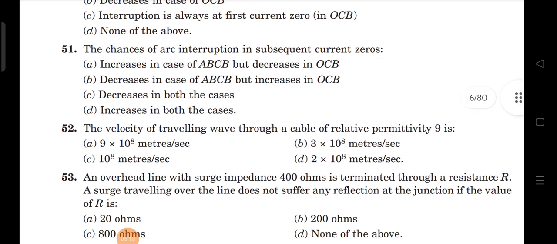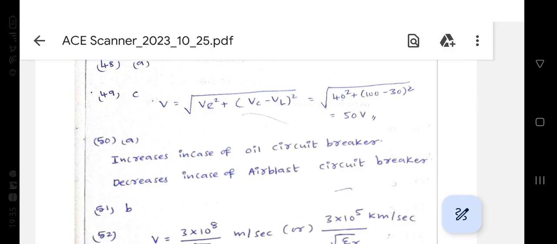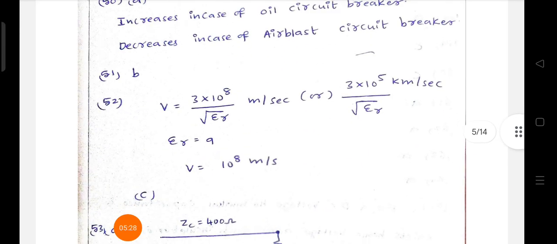Okay, but in case of underground cables, the velocity of traveling wave depends upon relative permittivity. Then the velocity of traveling wave formula will be v equals 3 into 10 to the power 8 divided by under root epsilon r, where epsilon r is relative permittivity, in meters per second, or in terms of kilometer per second, that is 3 into 10 to the power 5 by under root epsilon r kilometer per second.